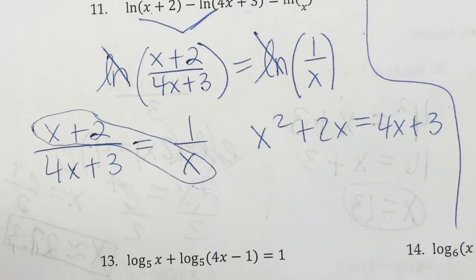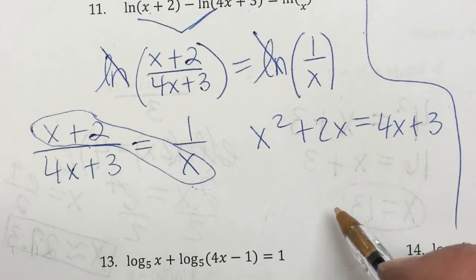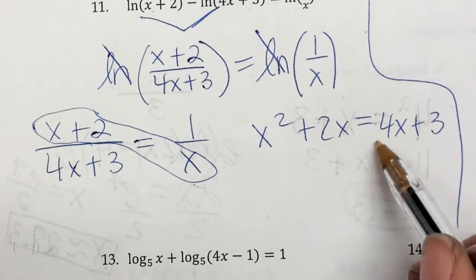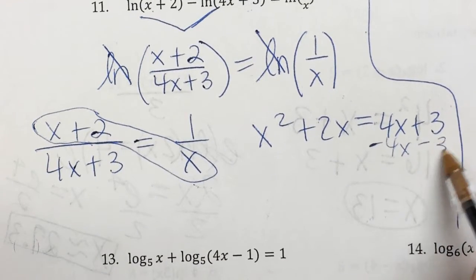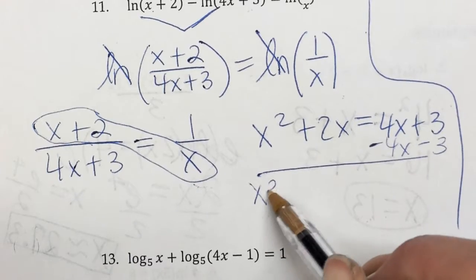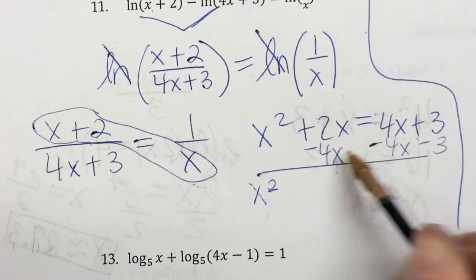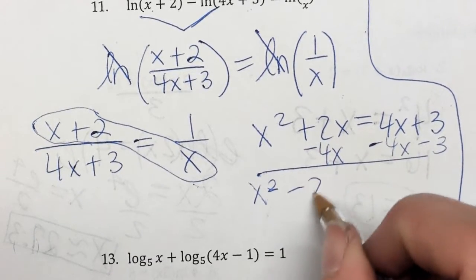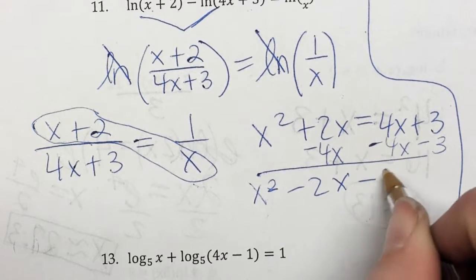Now what? How? Yep, subtract both of these. So we'll have x squared. What's 2x minus 4x? Over here will be a negative 3.